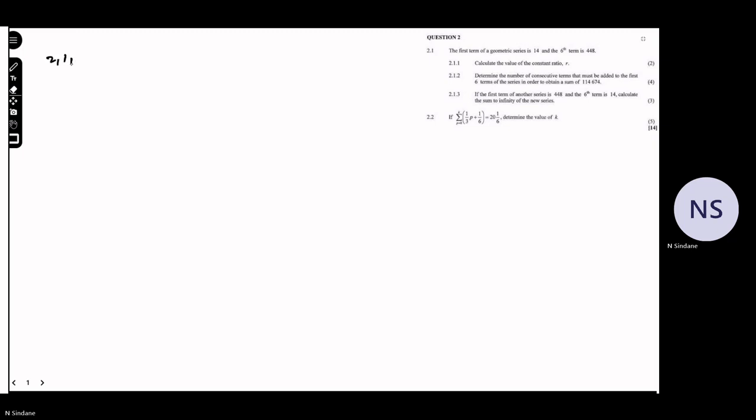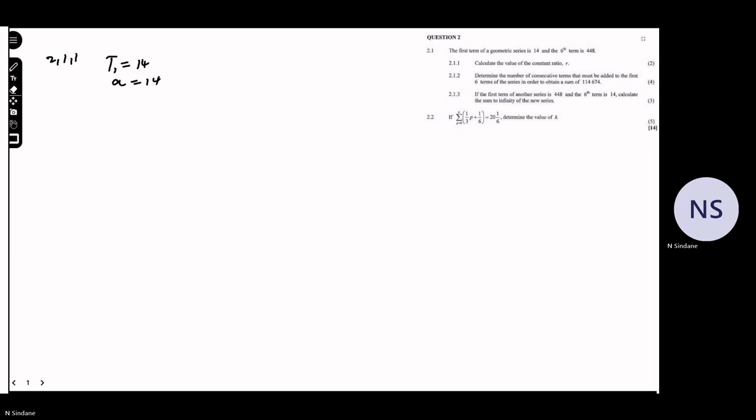Our question 2 consists of 2.1.1, and remember, reading the statement is very, very important. Always try to read the statement before you jump into solving questions, right? Let's read the question. They are saying the first term of a geometric series is 14. So I can write T1 is equal to 14, or I can say A is equal to 14, right? And then they're saying the sixth term is 448.